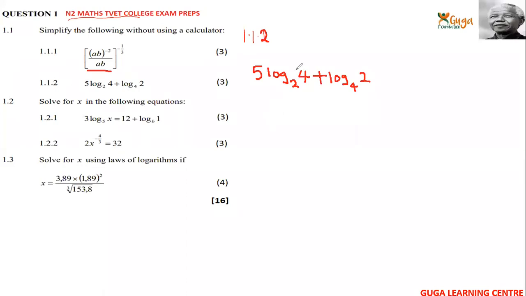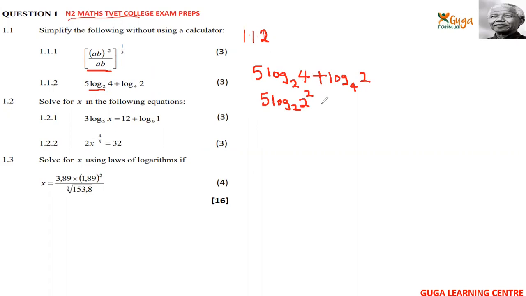Here you have 5 log base 2 of 4 plus log base 4 of 2, right? Don't forget we're still simplifying. So 5 log base 2 of 2 to the power 2, since 2 to the power 2 is 4.